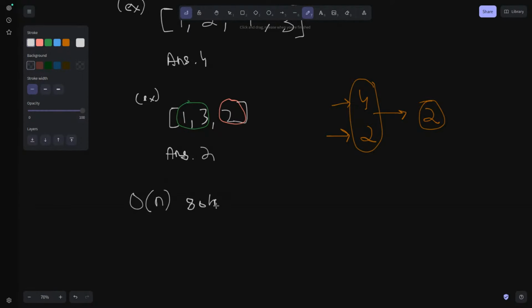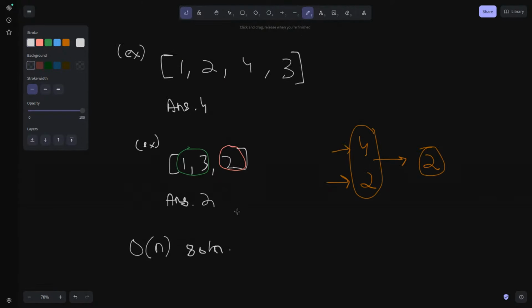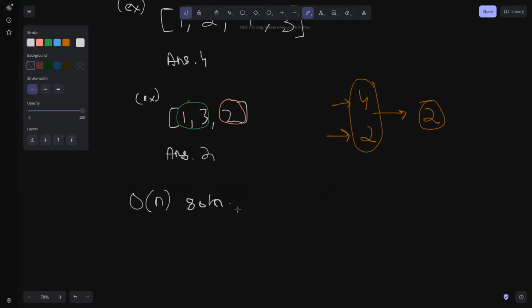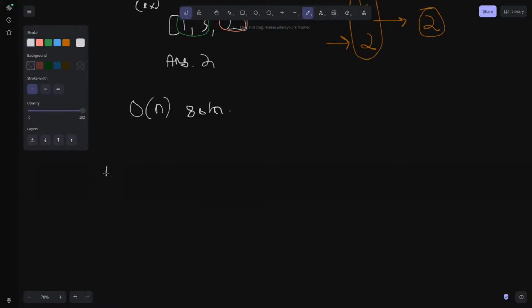Okay. So basically, we need to split this problem into two parts. One is to identify a valid split.